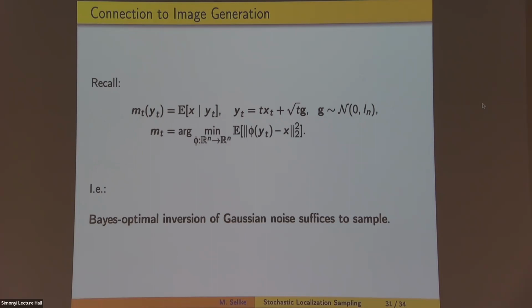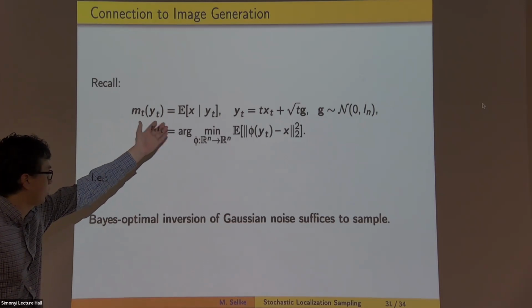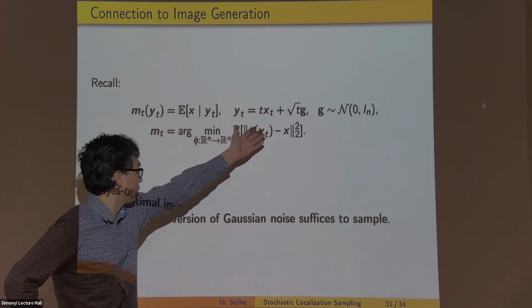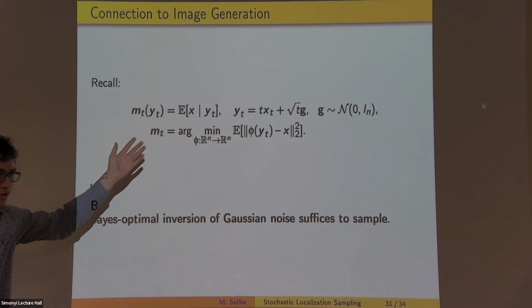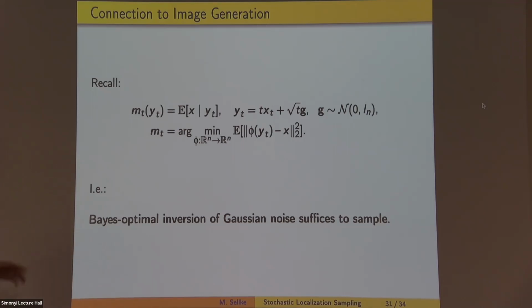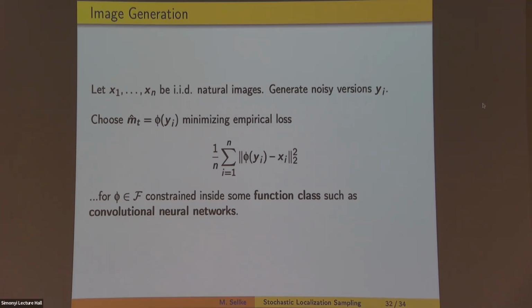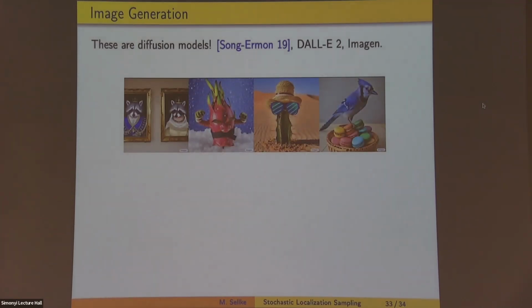So what this says is that basically, if I want to be able to add Gaussian noise and compute a posterior mean estimate, then I can run my sampling algorithm. This is basically what image generation models do, and it's how you generate pictures like this.